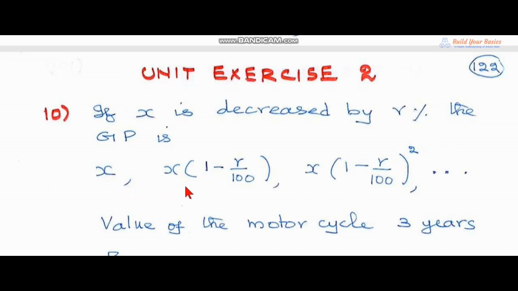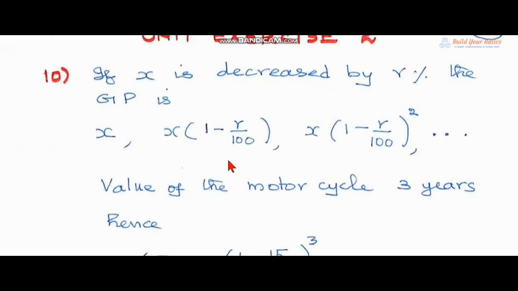After 1 year, this is the value, X into 1 minus R by 100. After 2 years, this is the value, that is X into 1 minus R by 100 whole square. So the value of the motorcycle after 3 years is X into 1 minus R by 100 whole cube.